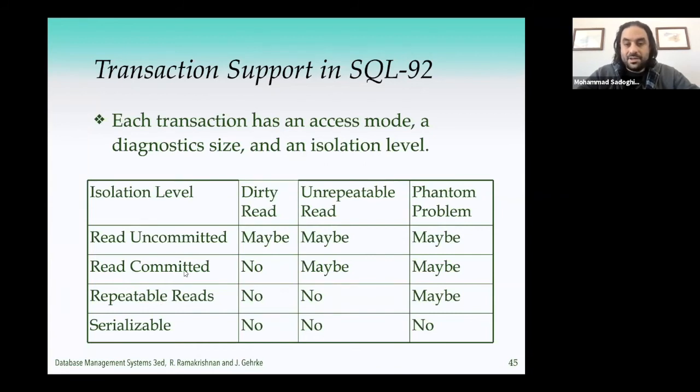Read committed. This is something we talked about even in 2BCC, when we talked about extending our indirection to committed or uncommitted. Read committed basically says that it just reads committed values.